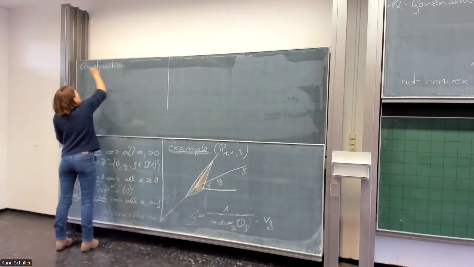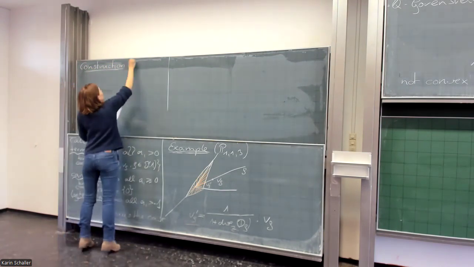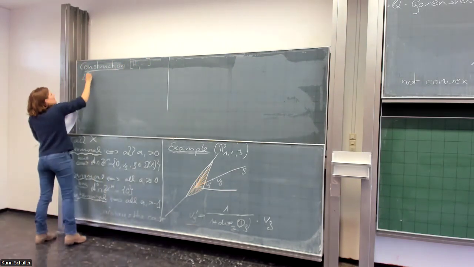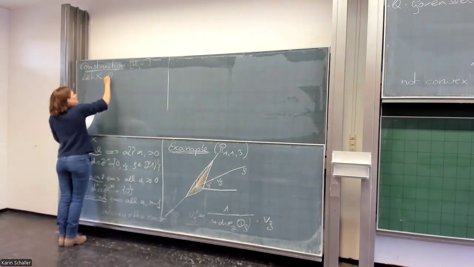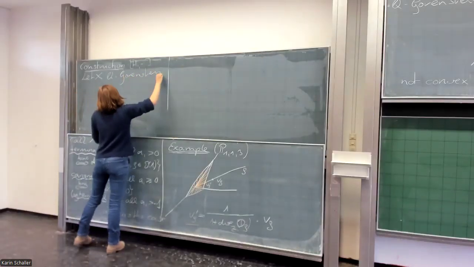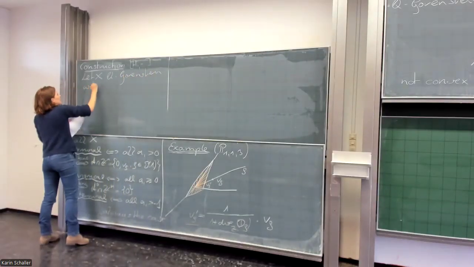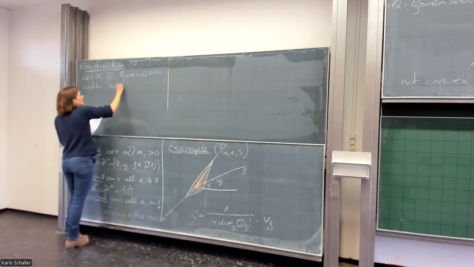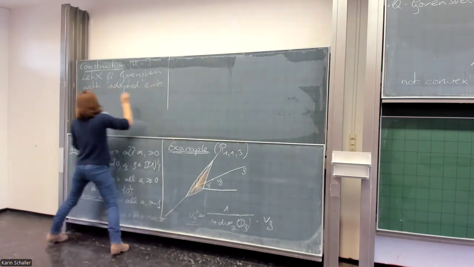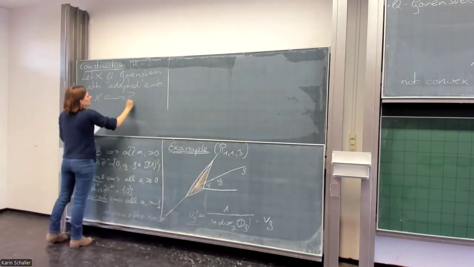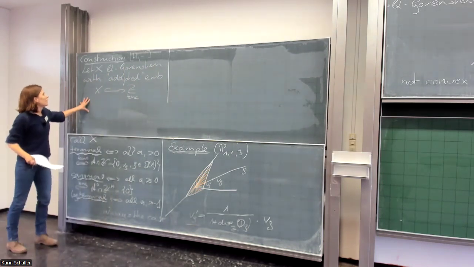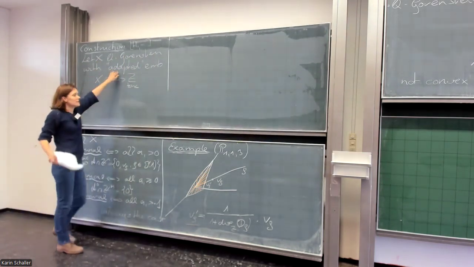The construction is due to and B, and the idea is we start with an X, which is Q-Gorenstein, and admits a nice or adapted embedding into some toric variety.